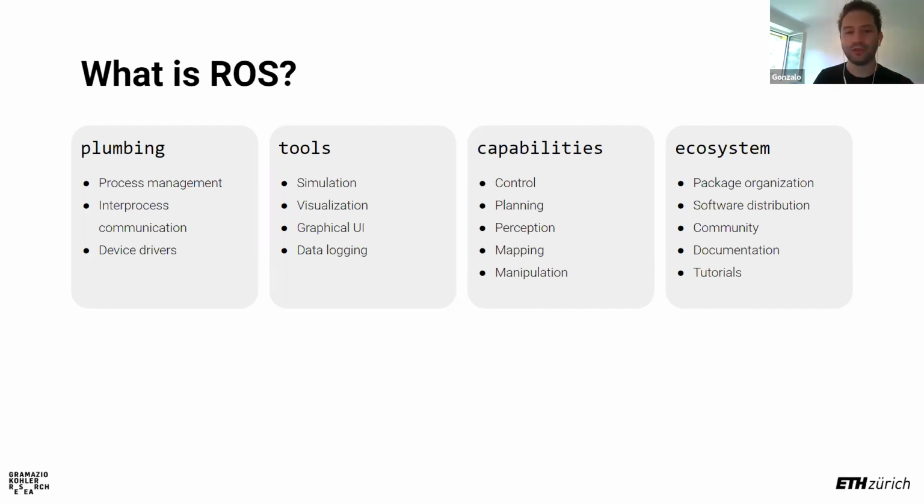So one of the things we try to do is simplify that. And one important bit of ROS and why we really decided for ROS versus other things is the community. There's a huge community of ROS developers.